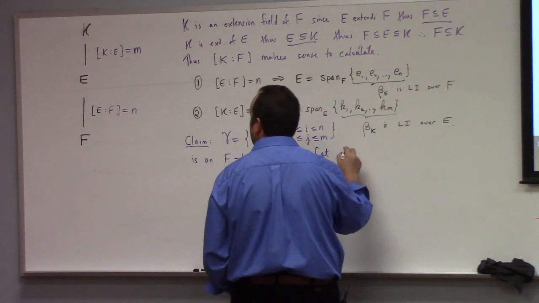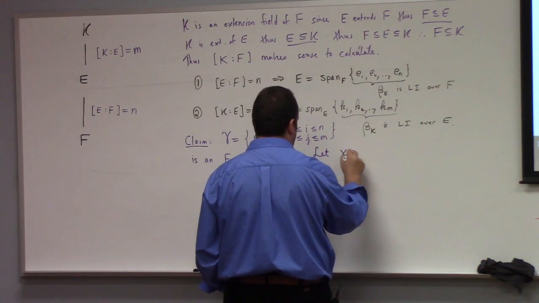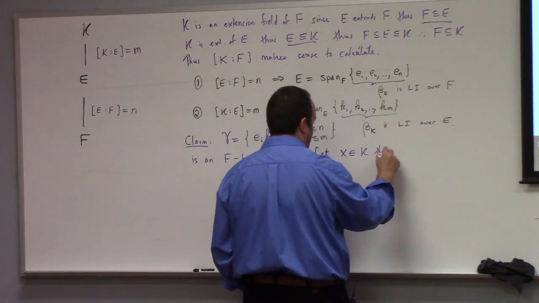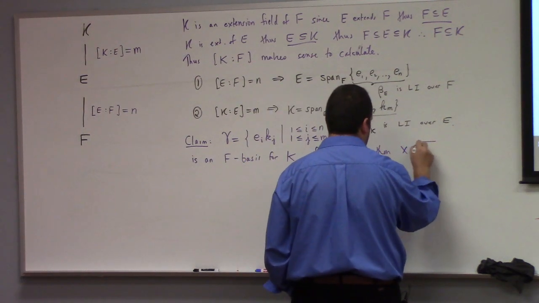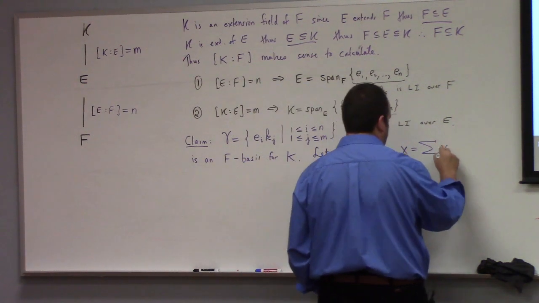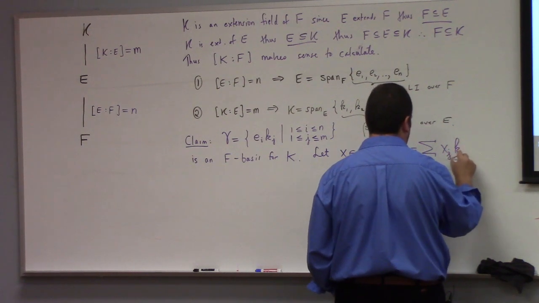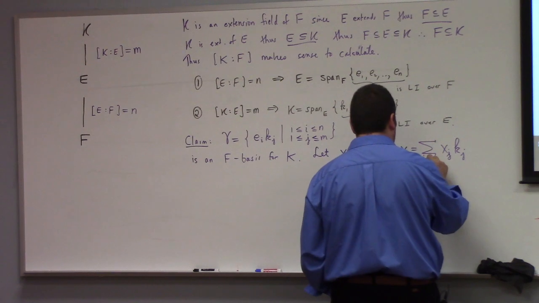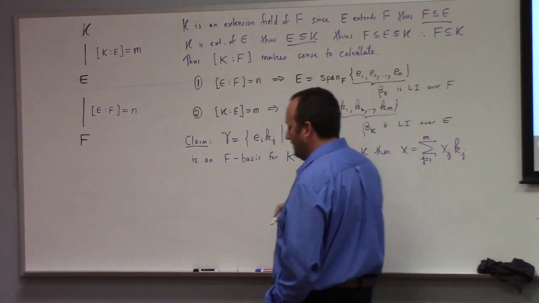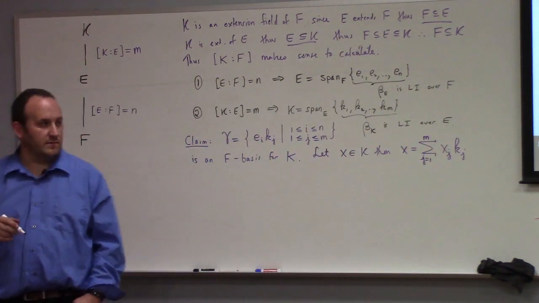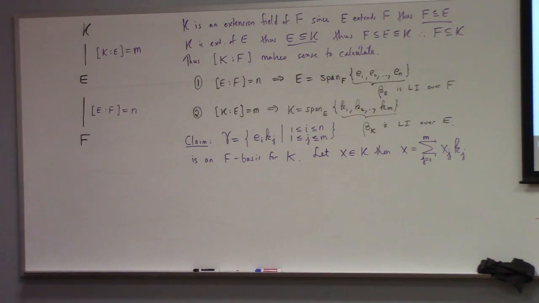So let x be an element of K. Then we can write x as equal to what? The sum over x_j k_j, j equals 1 to m, right? Why can I do that? Because the k1 through km forms a basis for K.